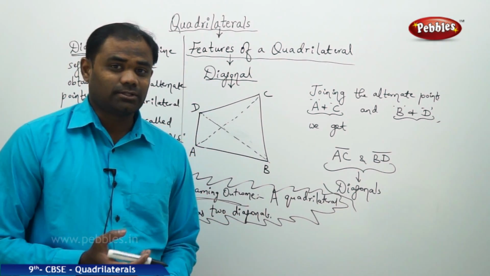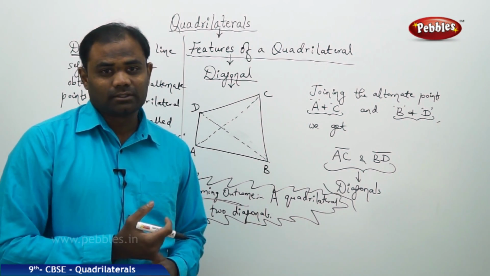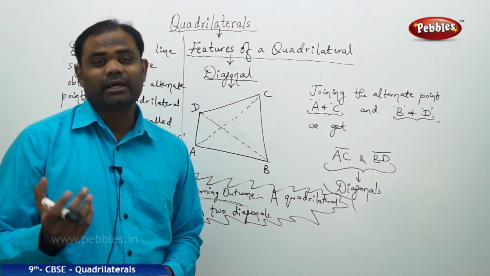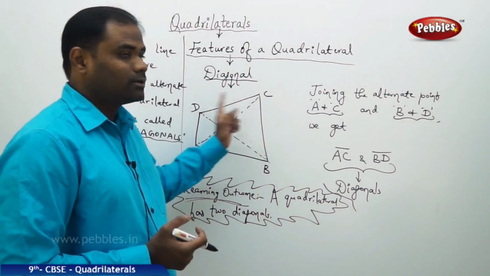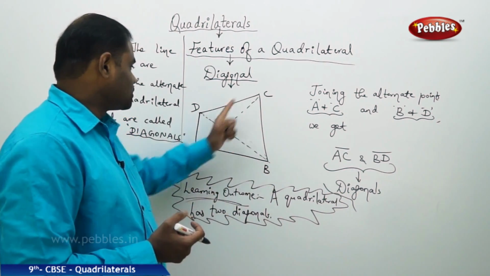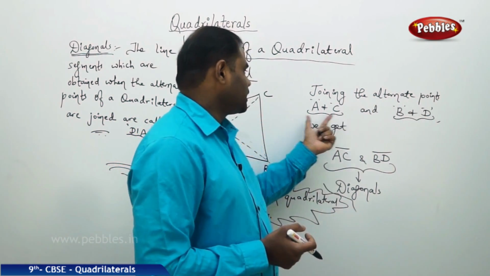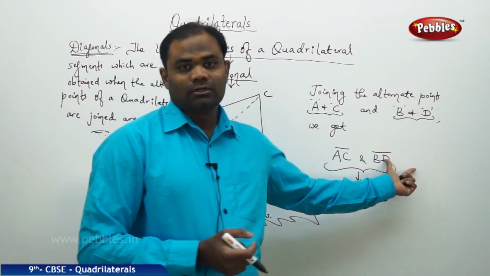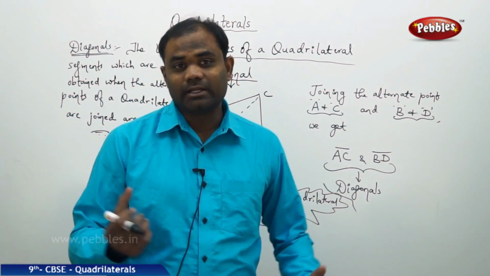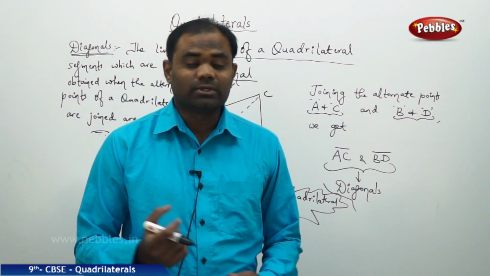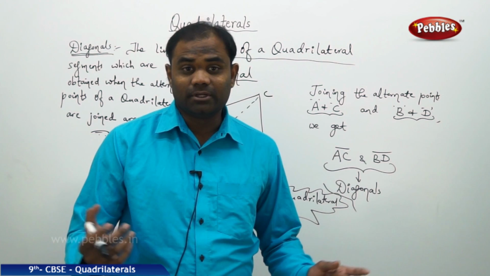A triangle does not have diagonals because in a triangle, if I take the alternate vertices, I cannot draw a line within the triangle. But in the case of a quadrilateral, I can join 2 points. I can get two lines which are formed by joining the alternate points A and C and B and D. So in my quadrilateral ABCD, AC and BD are the diagonals. There are two diagonals formed in the quadrilateral, AC and BD.